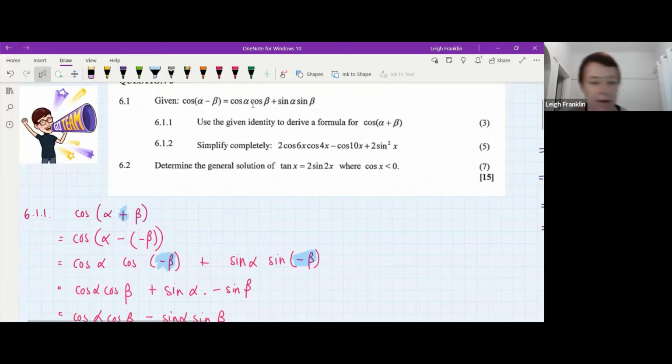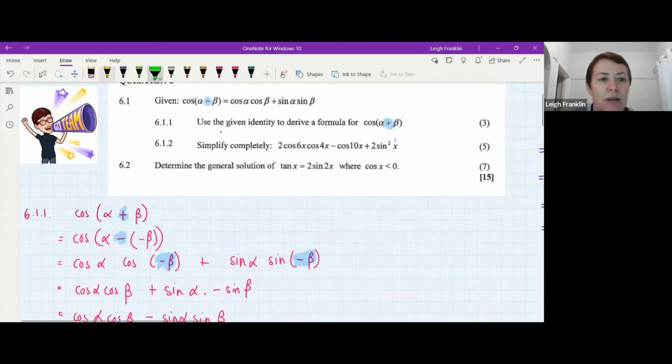So what we're doing here is we are working with what we've got and relating it back to what we know. If they've asked me to work with cos alpha plus beta, I don't have anything for cos alpha plus beta. I've got something for cos alpha minus beta, right? But I have to honor the fact that this is a plus. So I'm going to manipulate it so that I'm writing it with a negative over here so that it's the same.